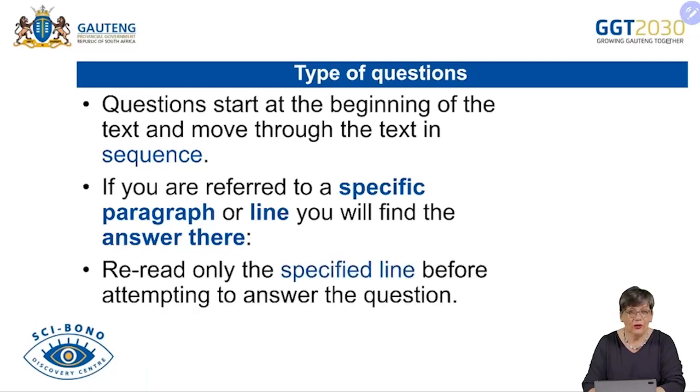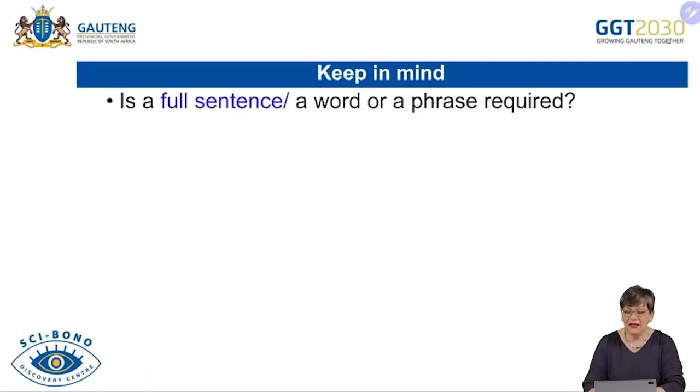Make sure you always reread that paragraph or line they refer to. Don't think you know what it means in that paragraph. Always go back. Now you have to keep in mind, when you answer the question, what is expected of me? Do I need to answer with a sentence? Do they require a word or a phrase? So make absolutely sure you know exactly what is required from you.